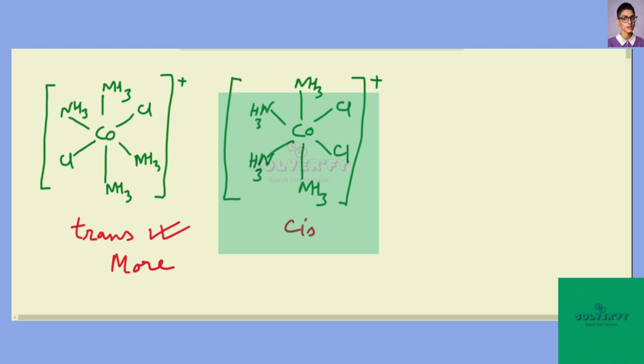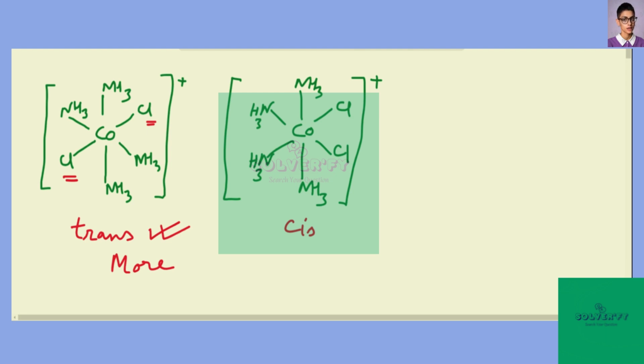The reason is that the 2 negative chloride ligands are opposite to one another in the case of trans. They are opposite to one another, and so the isomer has less repulsion and more stability. Because of that only we can expect that trans isomer should be more in the product as compared to cis.